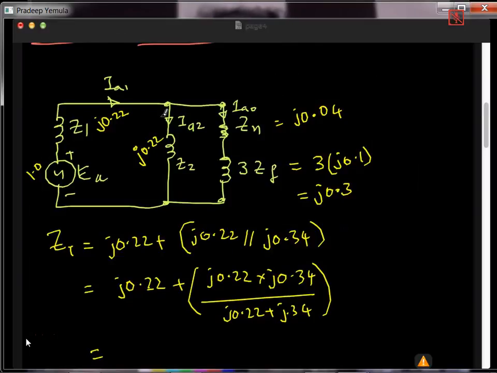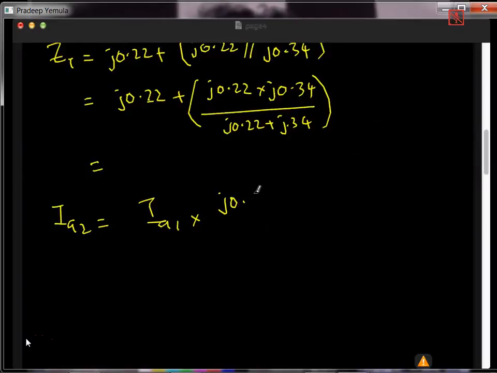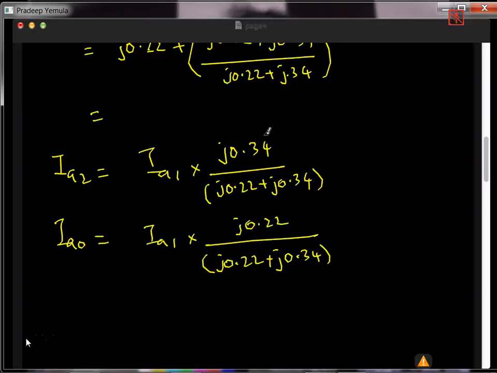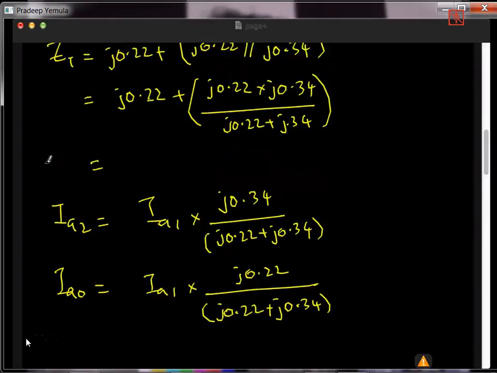IA2 is IA1 into the opposite impedance, that is j0.34 divided by the total, j0.22 plus j0.34. Similarly, IA0 also I can get, that is IA1 into j0.22 divided by j0.22 plus j0.34. This is a simple current division principle, and IA1 is 1.0 by ZT.